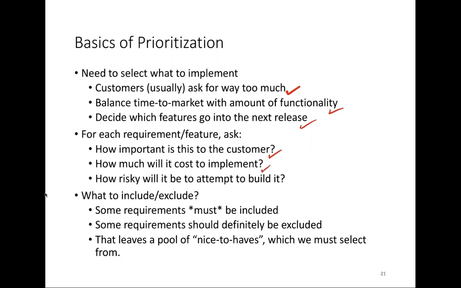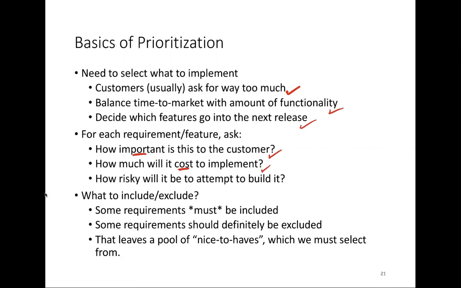Because as I said before, one of the most common techniques for prioritization is cost value analysis. That means we are very keen on knowing the cost of each requirement to determine if it's high priority or low priority. And the value of each requirement is where we identify the importance of this requirement to the customer.